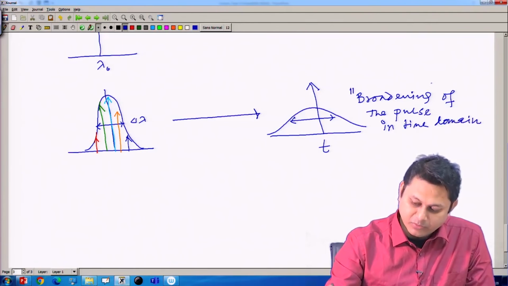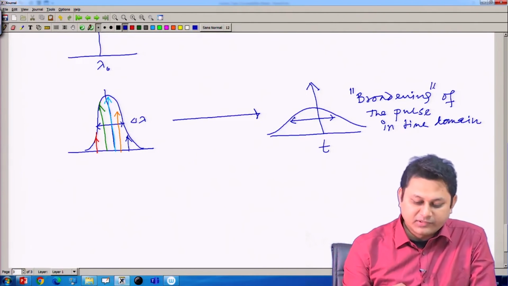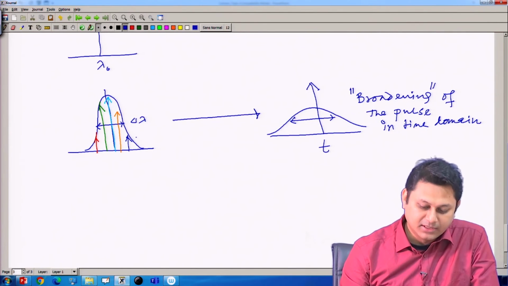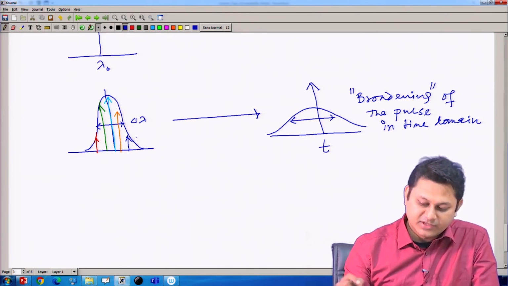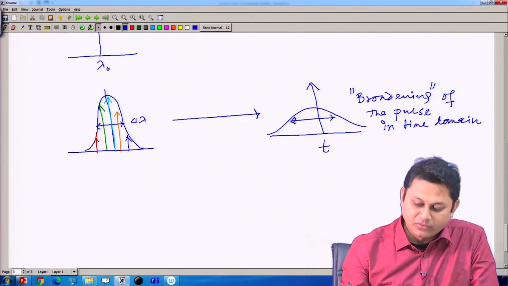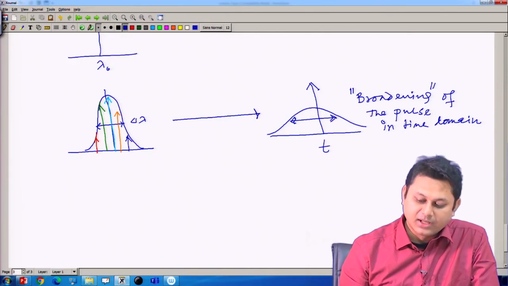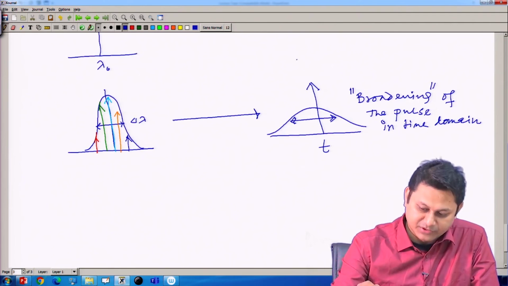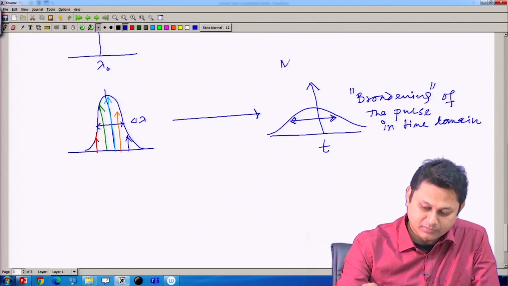There should be temporal broadening of the pulse, because different components are going to travel at different group velocities, and there will be a stretching of the pulse depending on the value of the dispersion coefficient. So here we have more dispersion.